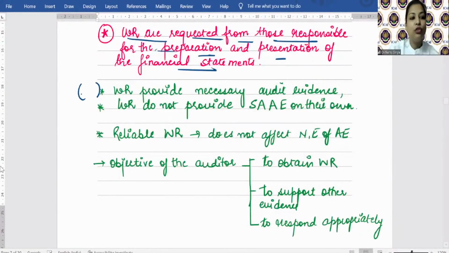Tell me whether this is true or false, this first statement. CEO, CFO can give the written representation, Dhyanesh. Yes, written representations can be put in the audit file.